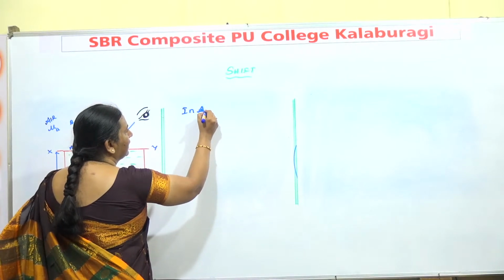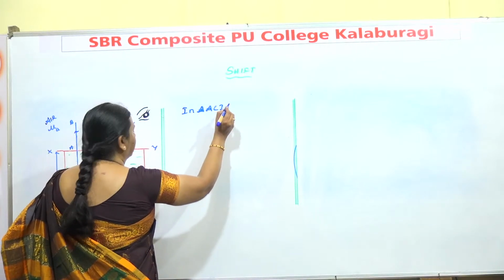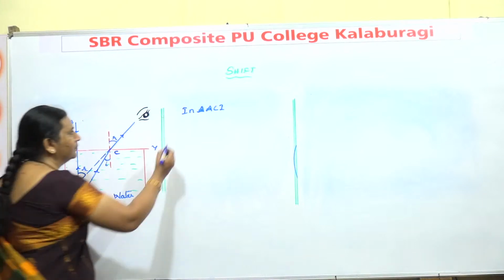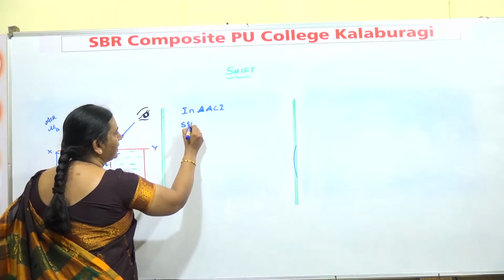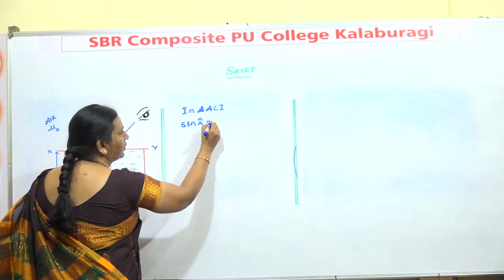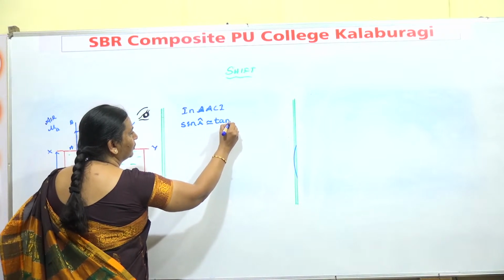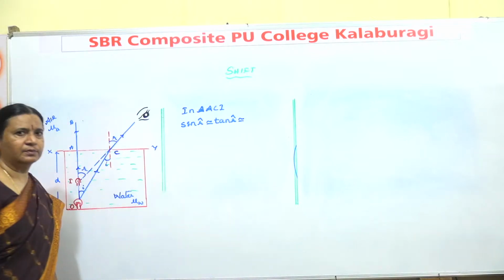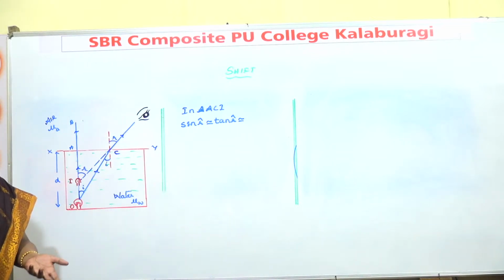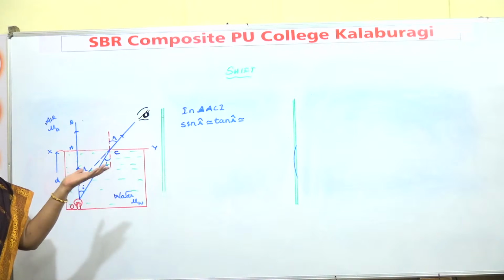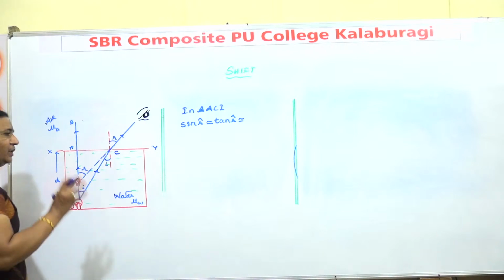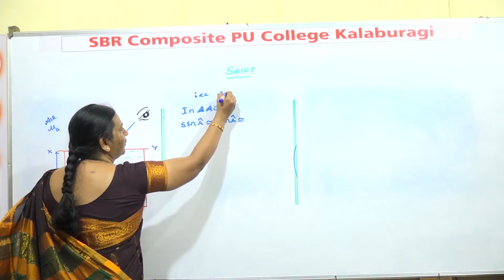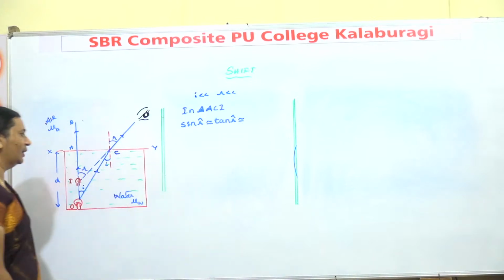In triangle ACI, what can I write? Sin R can be taken approximately as tan R. Sin theta or tan theta is taken as only theta, because if the angle is very small. I being very small and R being very small, we are working with that approximation.